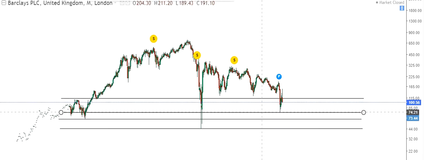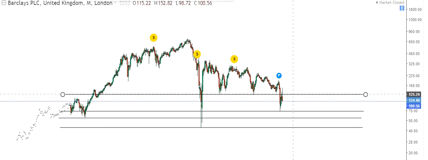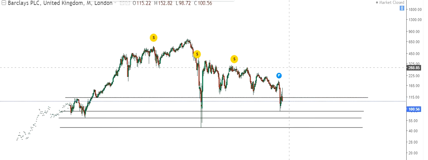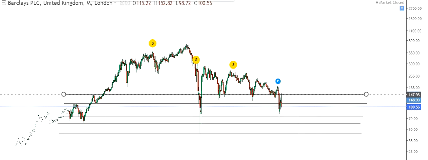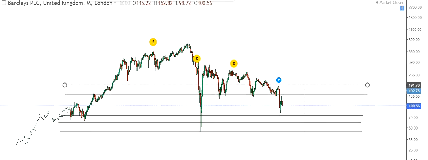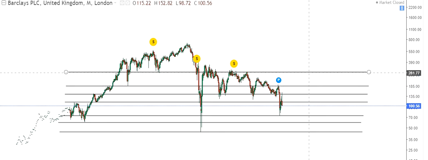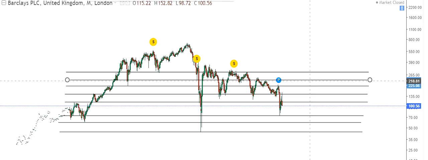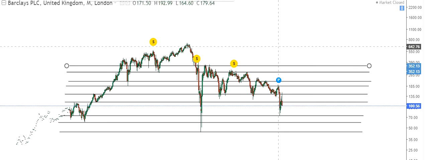On the top you can consider this as your resistance level, and simultaneously this one, this one. So there are multiple checkpoints which the stock has to cover if it wants to go up.